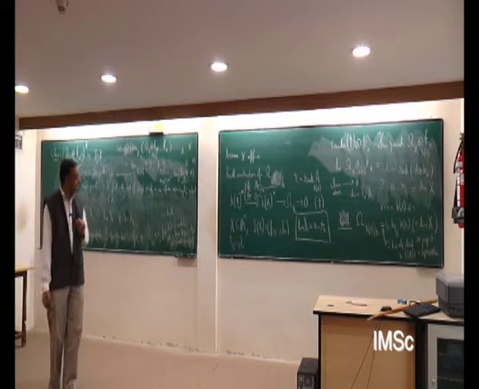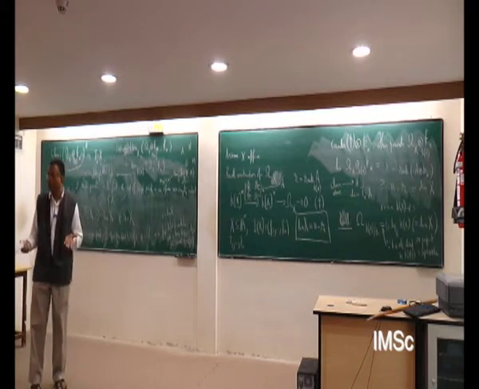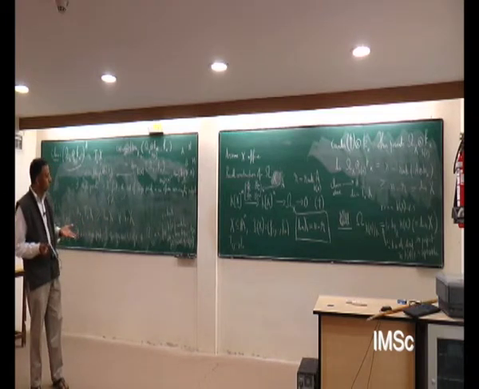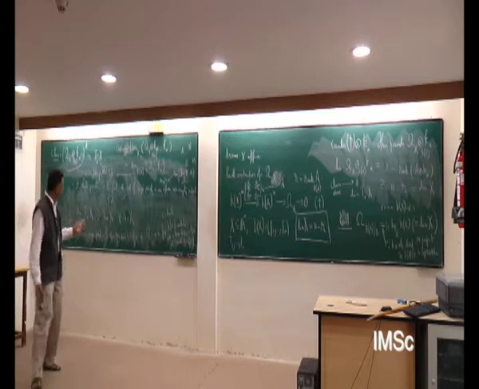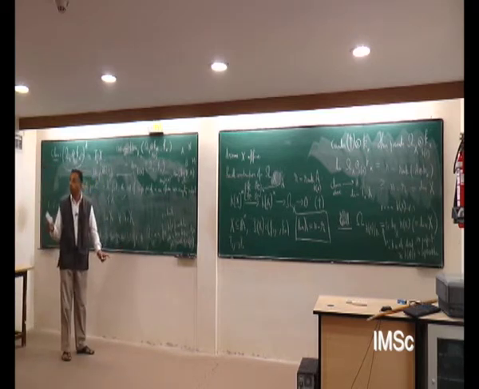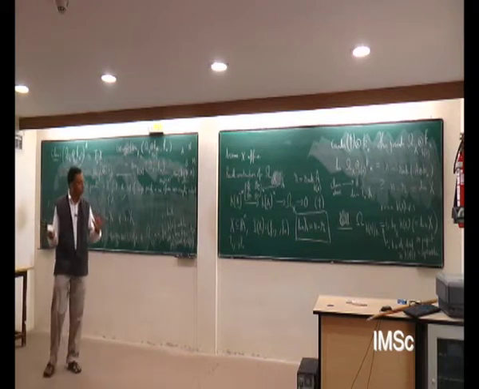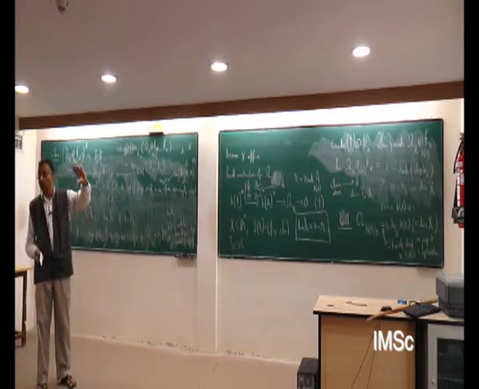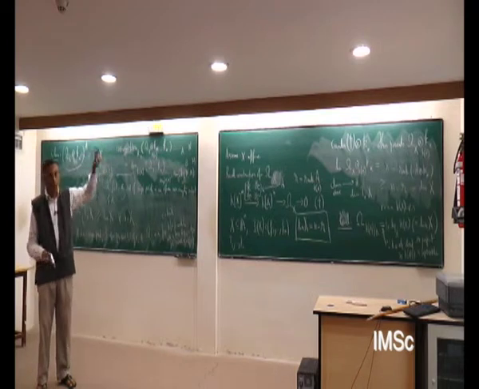I claim that if so, then for simplicity, let's say this is the first north-west block of R by R minors.